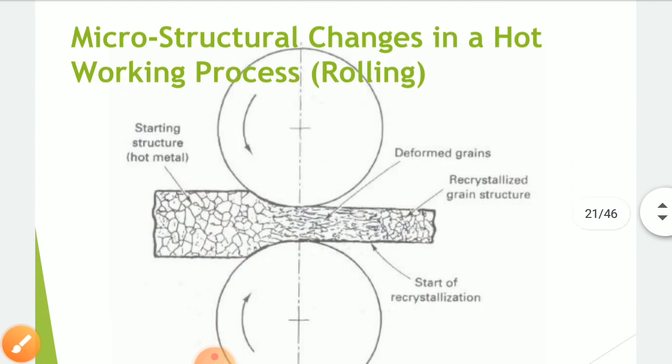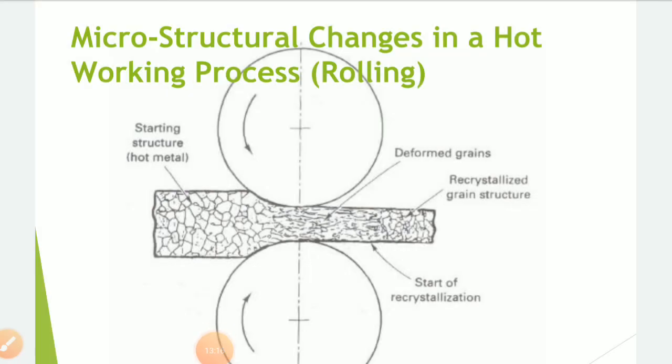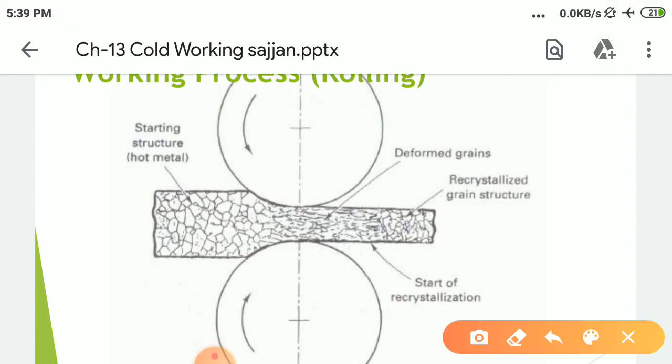Now if you see the microstructure, this diagram particularly is shown of the rolling process out of the 4 processes that we have seen. So this diagram is of the rolling process. From this side material is coming, and after reducing the diameter it is coming out on this side.